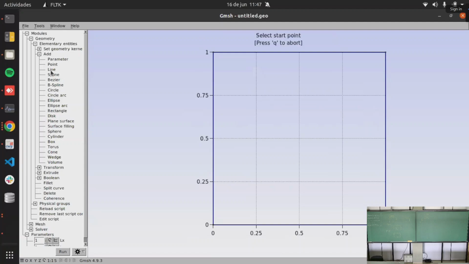Only line. Sorry, I will do it again. Remove the last script. I press line, add a line, and after that I select the start point and the final point. So that creates a line.